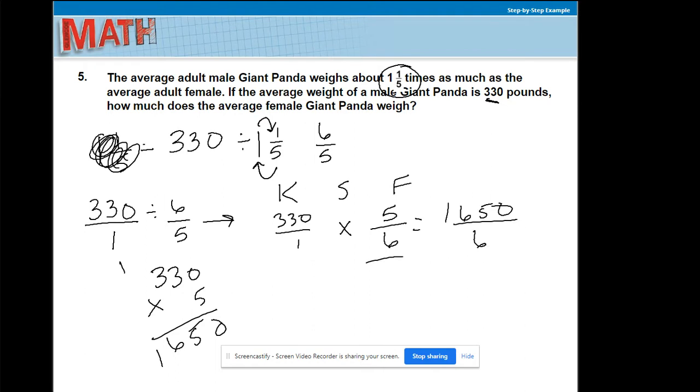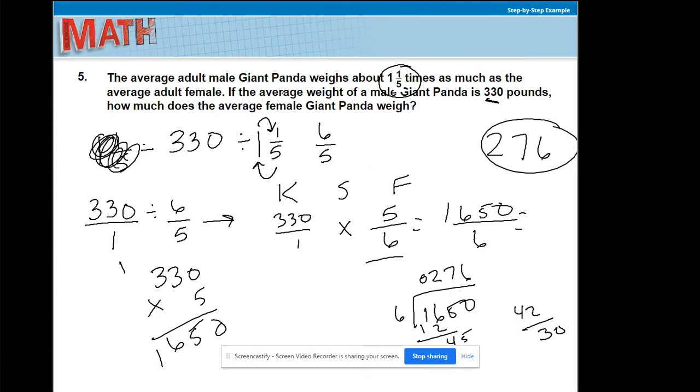And again, since I do not know any of these off the top of my head, I'm going to take 1650 divided by 6, which then I'm going to get 12, and that is 45, 7, 42, which is going to be 3, and that's 6. So we are going to get this to be 275, and that is our answer. I know this is a little sloppy down here. I'm really sorry about that. But that is going to be our answer, okay?